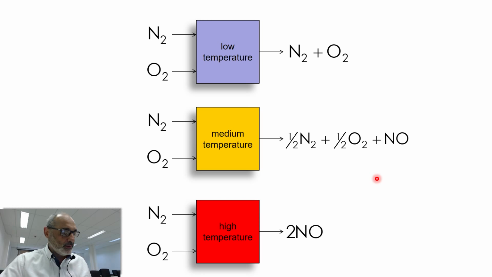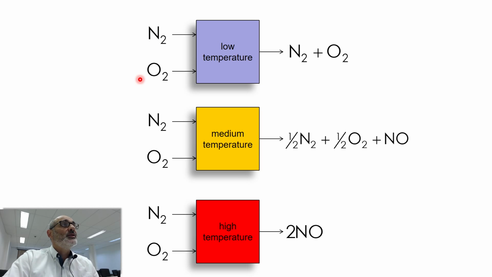So let's reason in terms of a very common example: nitrogen and oxygen. Right now, in this moment, everybody's breathing roughly 79% nitrogen and 21% oxygen.